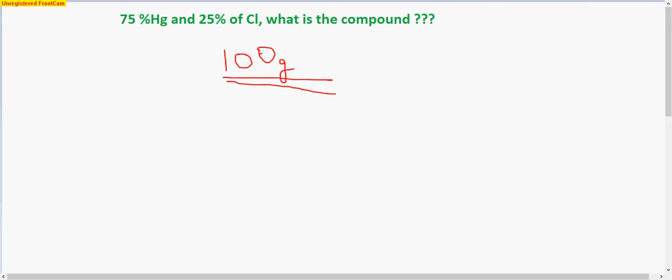Now we'll have to find how much 1 mole of mercury will weigh. 1 mole of Hg will weigh its AMU in grams.